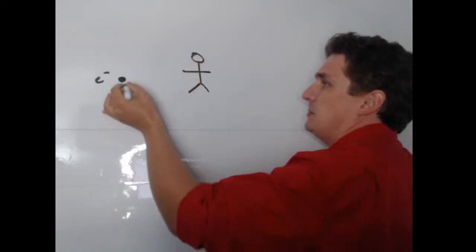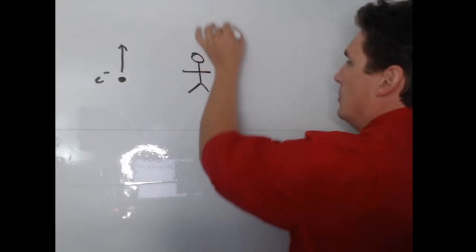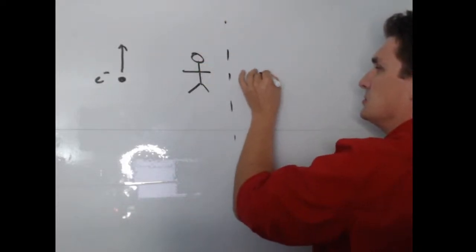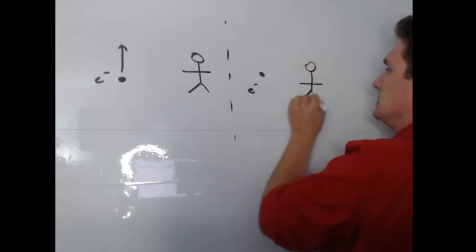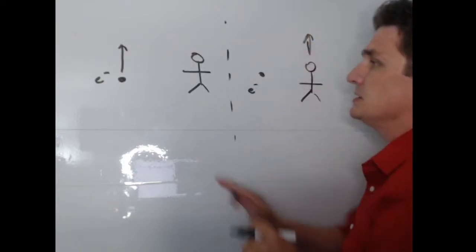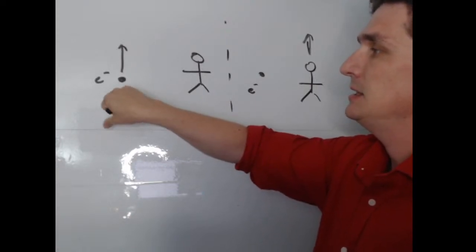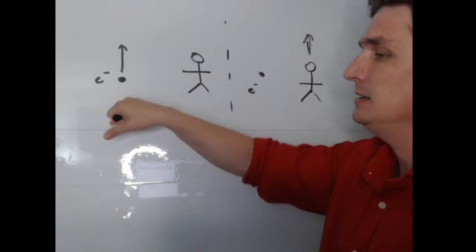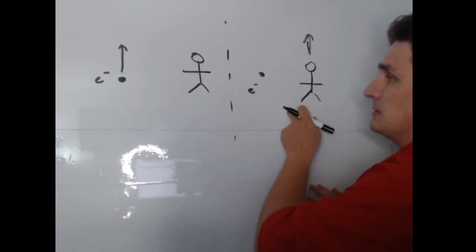We have two scenarios: we impart a velocity to the electron, or we have a situation where the observer is moving. And the question is, if we know in this scenario that the electron is creating an electric field due to its movement, do we see an electric field here?